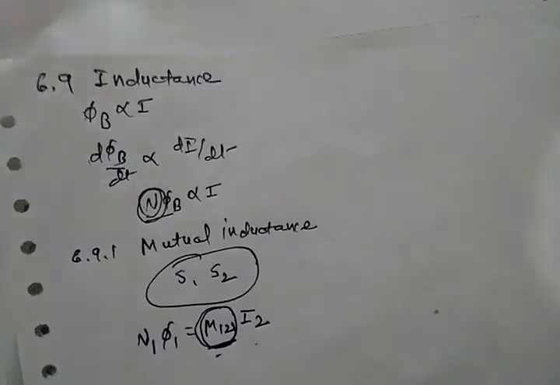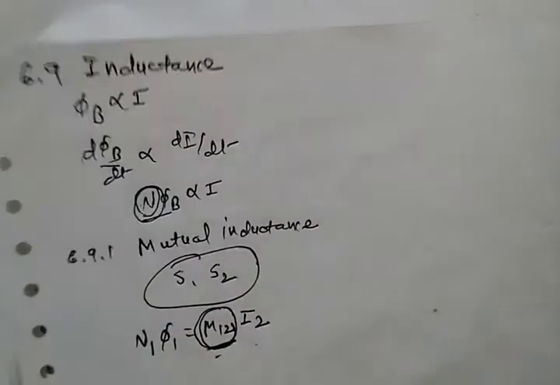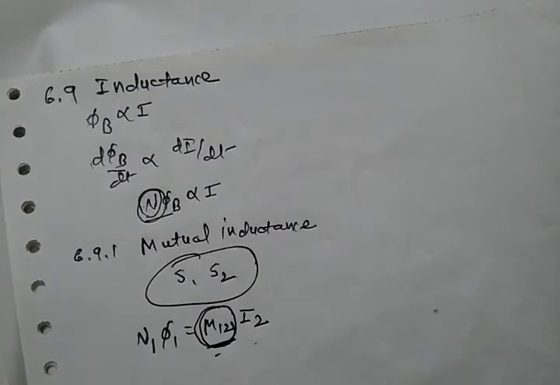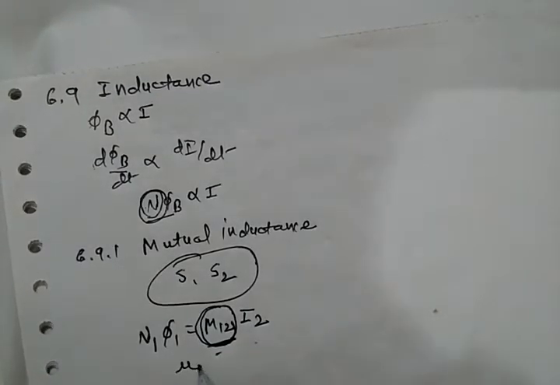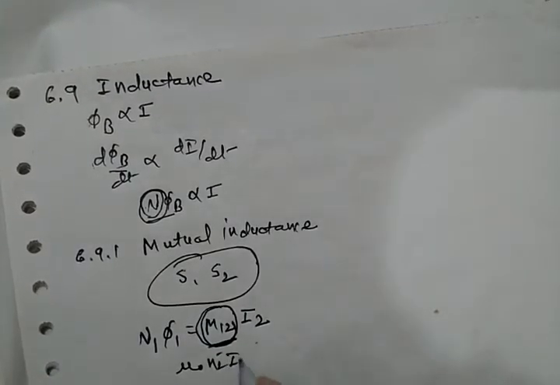Now for the simple coaxial solenoids, it is possible to calculate M12. The magnetic field due to the current I2 in S2 is mu 0 N2 I2.